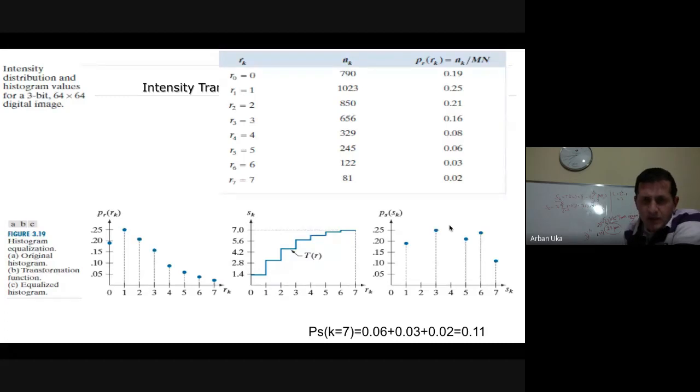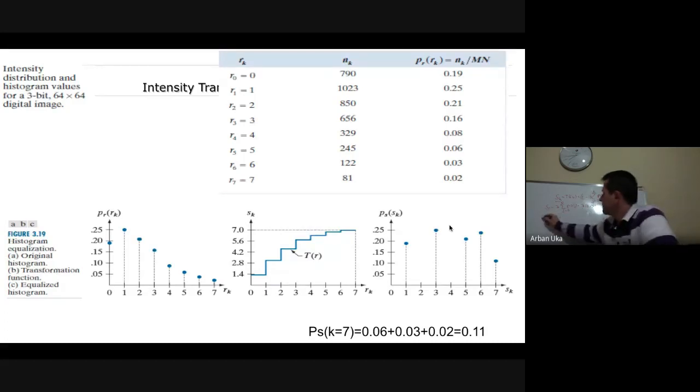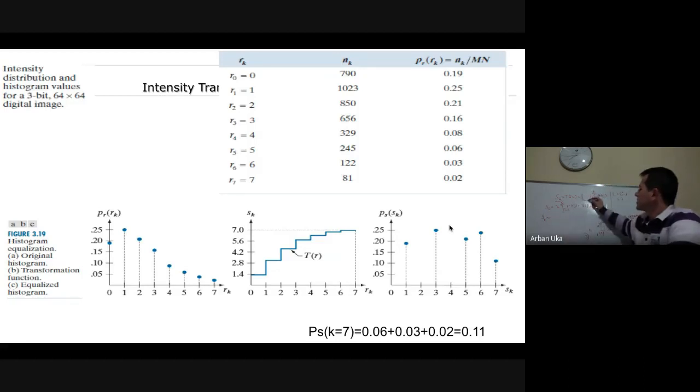Then we have to calculate S1, and similarly we're going to have the same expression. So this is 7 times the summation from j equals 0 to 1. So this is 7 times the probability of value 0, which is 0.19. I'm reading the table on the top right side.